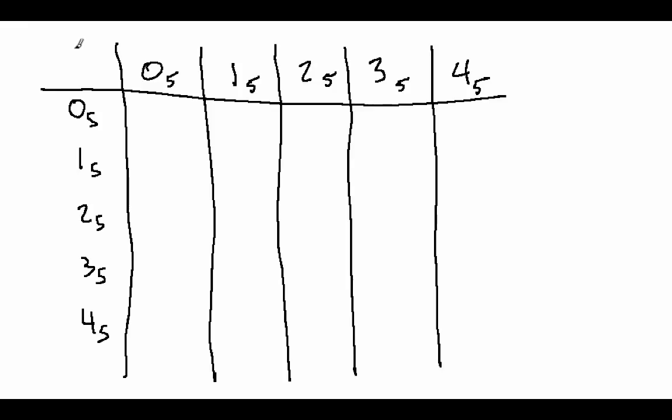And we could come up with an addition table for this. And the addition table for this is actually fairly easy to figure out. If I add together two numbers that are both divisible by 5, I get a number that's divisible by 5. In fact, 0 here is going to operate just like a regular old 0.